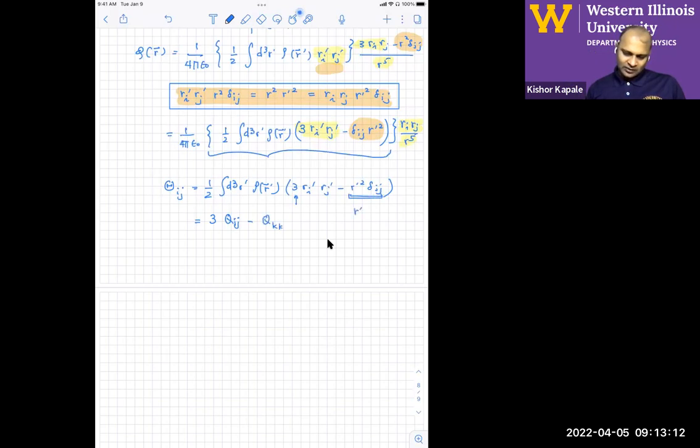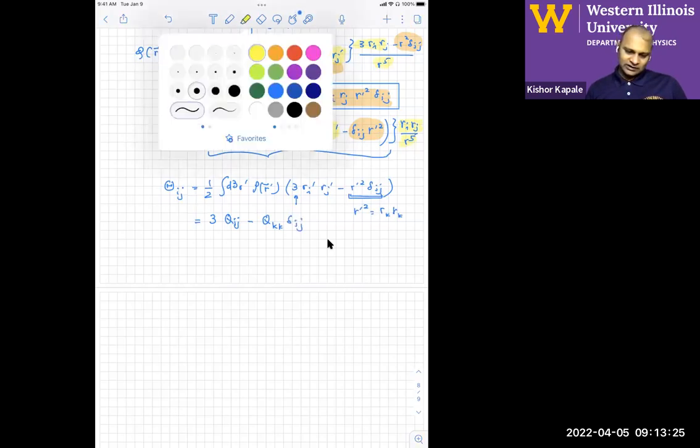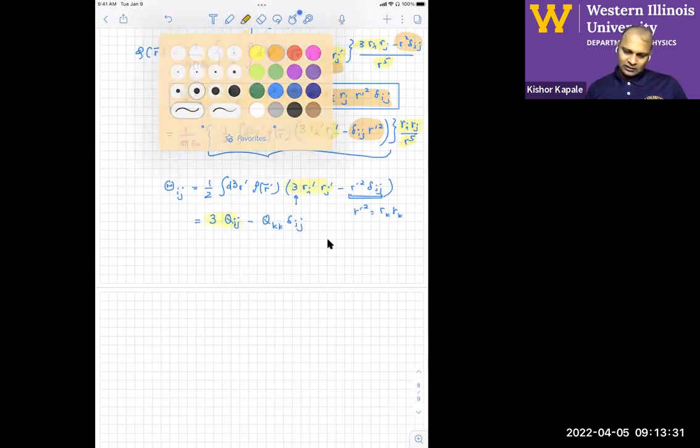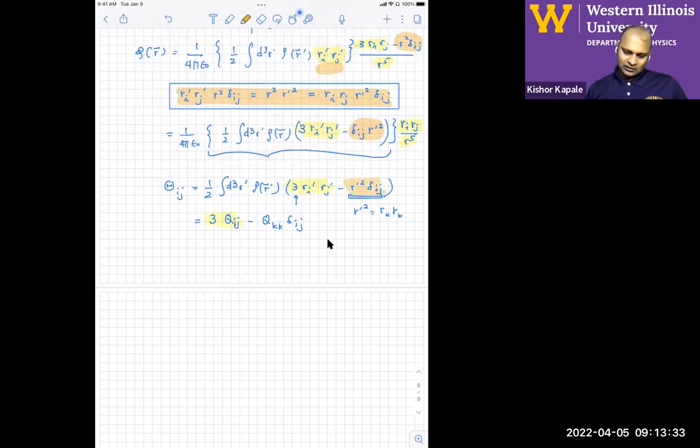Because you can write r' squared as rk rk, and that would be the kth component of Q, times δij. Everybody with me? So let's again see. This term here gives you that. And this term here gives you this with the help of this identification and Einstein summation convention. Everybody with me so far?